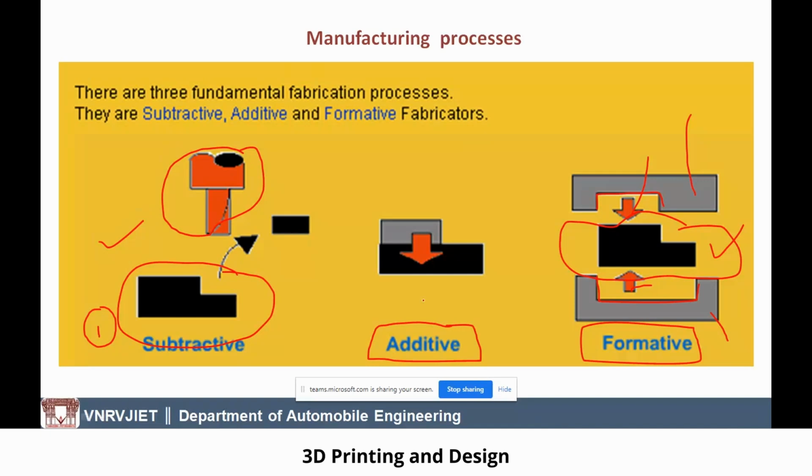If you want this particular shape, I will add the first layer like this, and the second layer, and the third layer, and the fourth, fifth, and sixth layers like this. Finally, we get the desired workpiece shape using additive manufacturing or the 3D printing process. So that is our today's topic, 3D printing process and design.